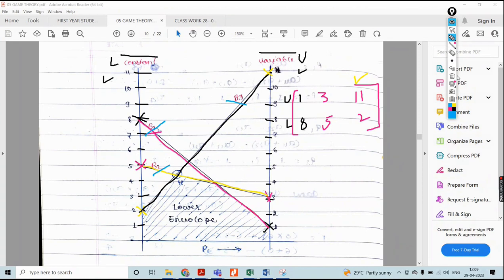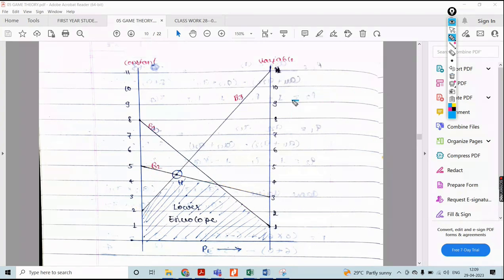My payoff matrix is 1, 8, then 3, 5, next 11, 2. From this 2 cross 3, we will be converting it into 2 cross 2.